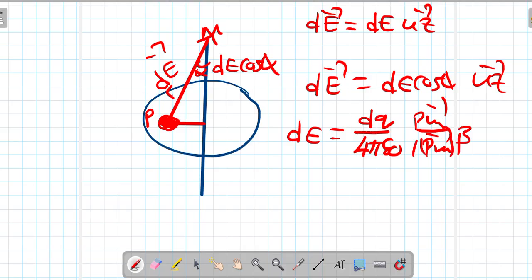If the magnitude of PM is R, then the unit vector is UR, which means PM is a vector. It has both magnitude and direction.